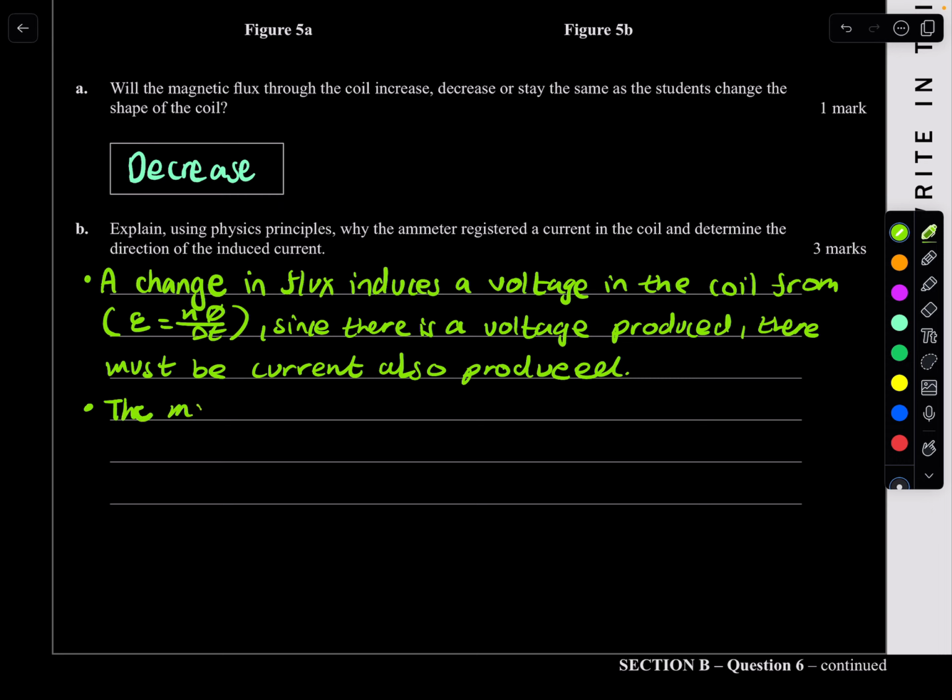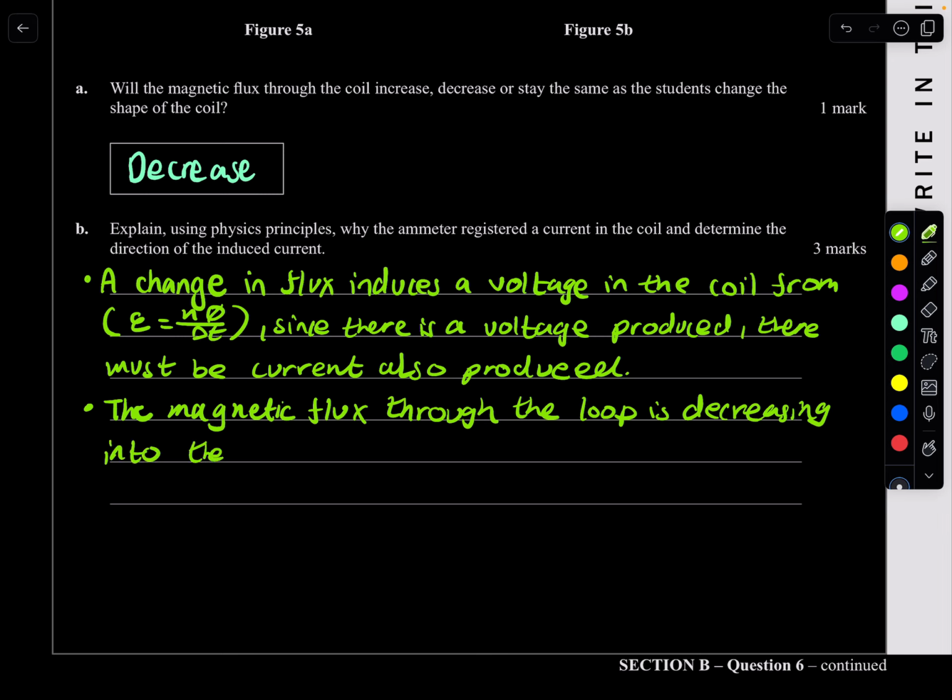So the magnetic flux through the loop is decreasing, in the direction of into the page.